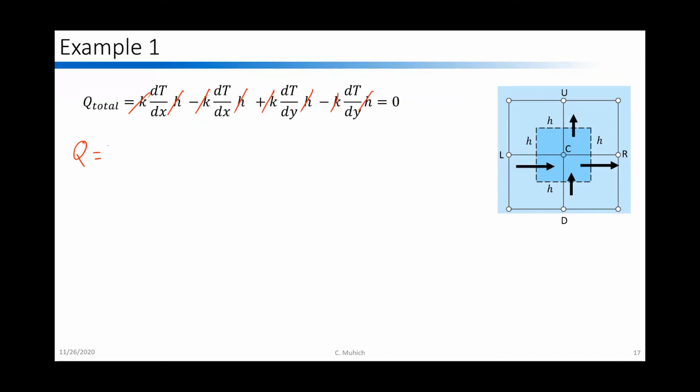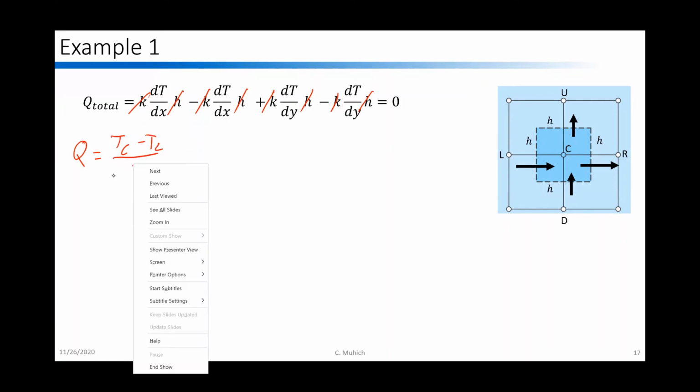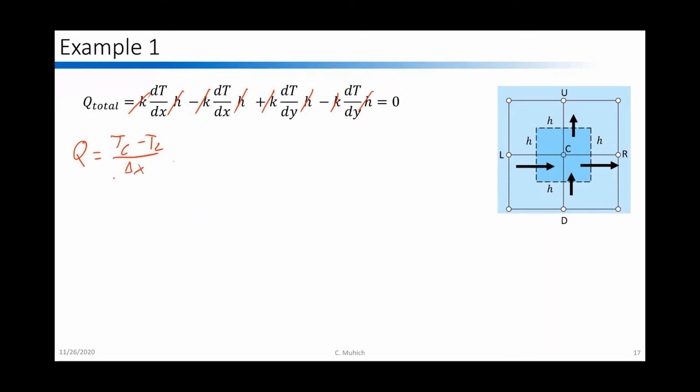So we're left with (TC minus TL) over delta x, minus (TR minus TC) over delta x, plus (TC minus TD) over delta y, minus (TU minus TC) over delta y, equals 0.